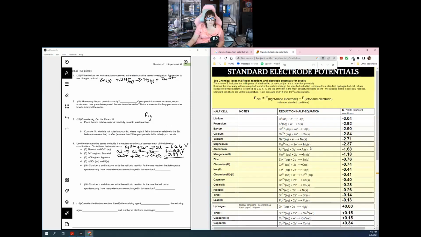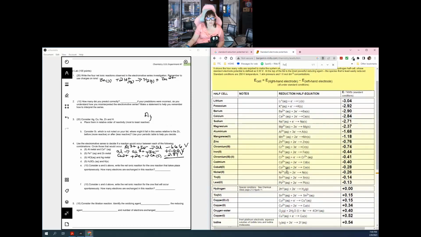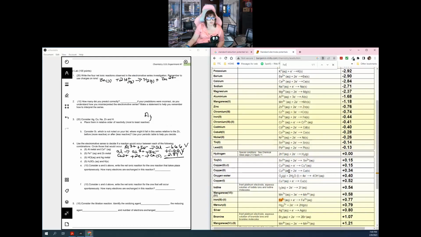But we also see that iron 2 is listed in here somewhere. I found it. Oh, there. Fe2+ plus 2 electrons goes to Fe solid. That's iron 2 going to iron. That has its own potential. So if I wanted to look at Fe3+ going to Fe solid, which is what we should be considering, we'll need to sum those two values as written before we use them.